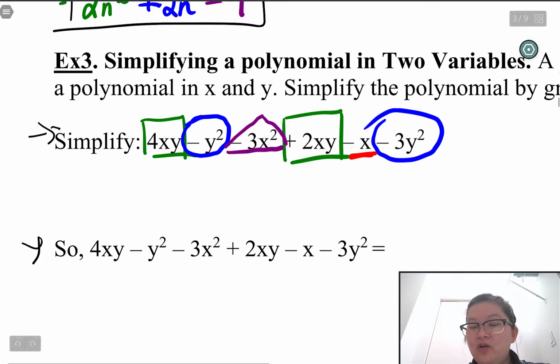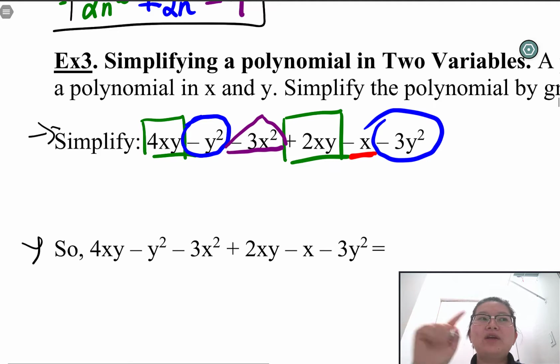Next up, we are going to match up the terms together and rewrite that as a separate sentence. What is preferred is that anytime you're rewriting a polynomial, you always want to go from a higher degree to a lower degree.